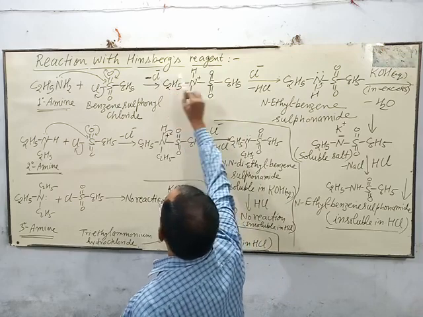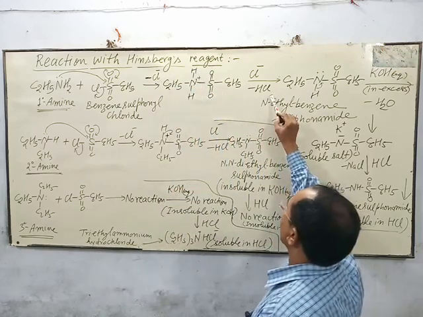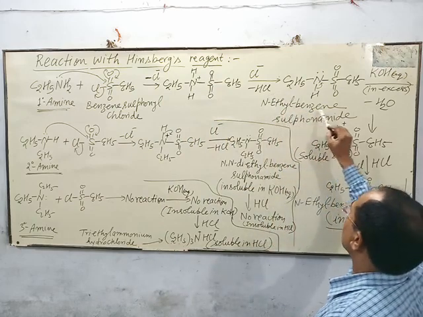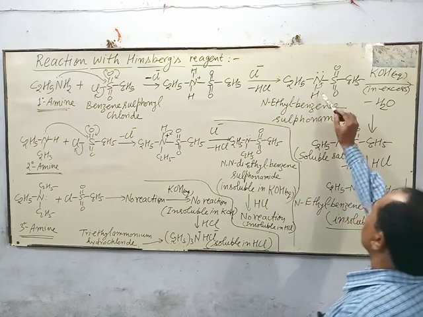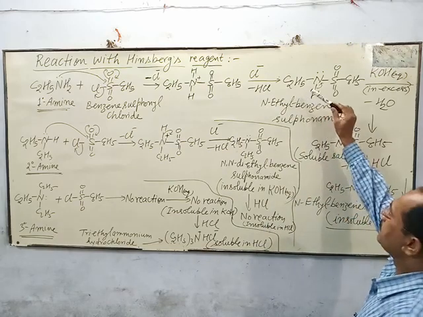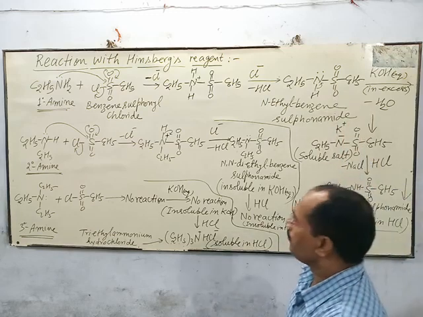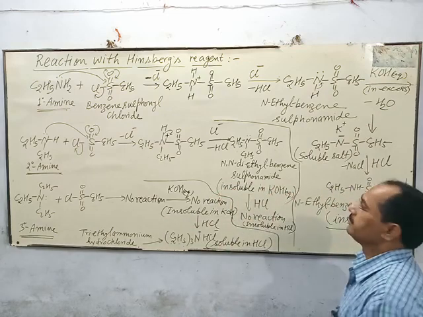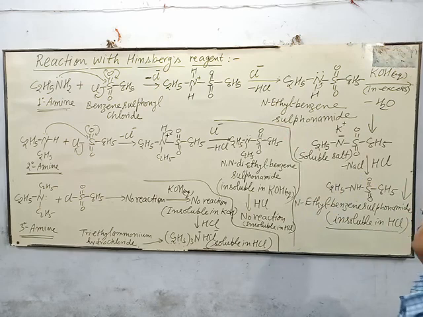Now chloride ion and hydrogen are removed in the form of HCl and N-ethyl benzene sulfonamide is formed. This is the main product when benzene sulfonyl chloride reacts with ethyl amine, that is N-ethyl benzene sulfonamide.